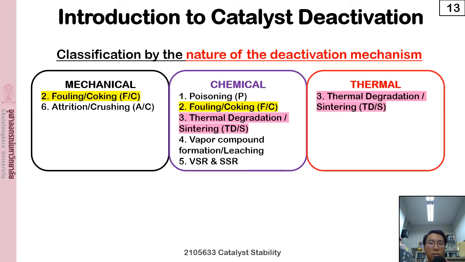The last two, the vapor compound formation or leaching, and the vapor-solid reaction and solid-solid reaction, as the name says, are chemical reactions. Leaching is also chemical since we lose the active site from the support because of the breaking of the chemical bonding between the support and the active site.